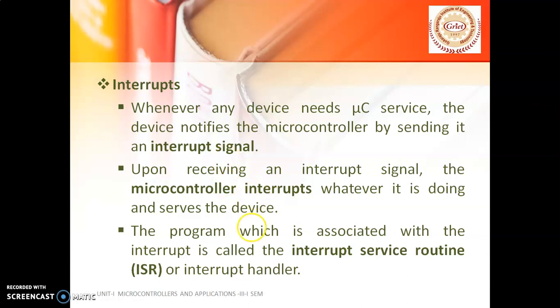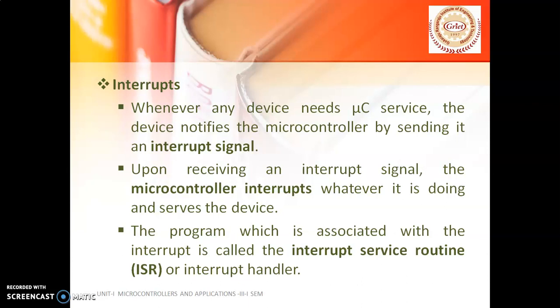Whenever it stops the current execution of the program, it has to place that address on the system bus, because after providing the services to that interrupted device, it has to continue from where it was stopped. So first, before providing the services to that device, it stores the return address on the system bus, and after that it finds out the interrupted device's ISR starting address.